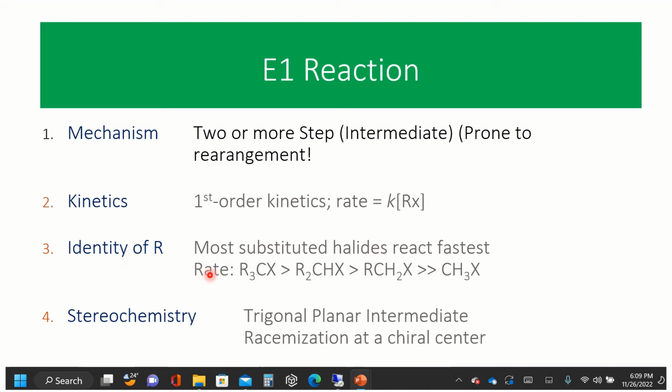The alkyl halide that undergoes E1 fastest will be the tertiary. The stereochemistry, the racemization at the chiral center, is similar to the SN1.